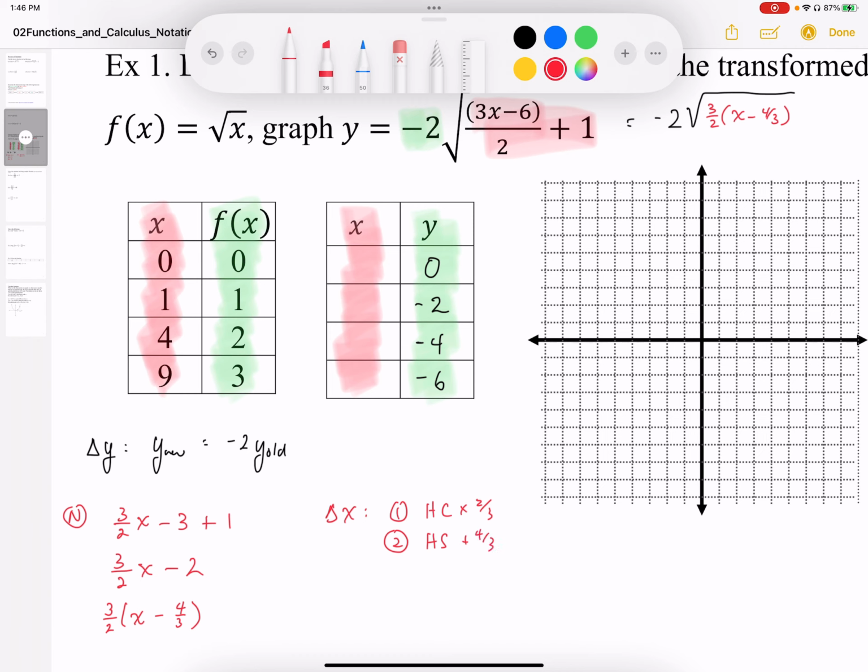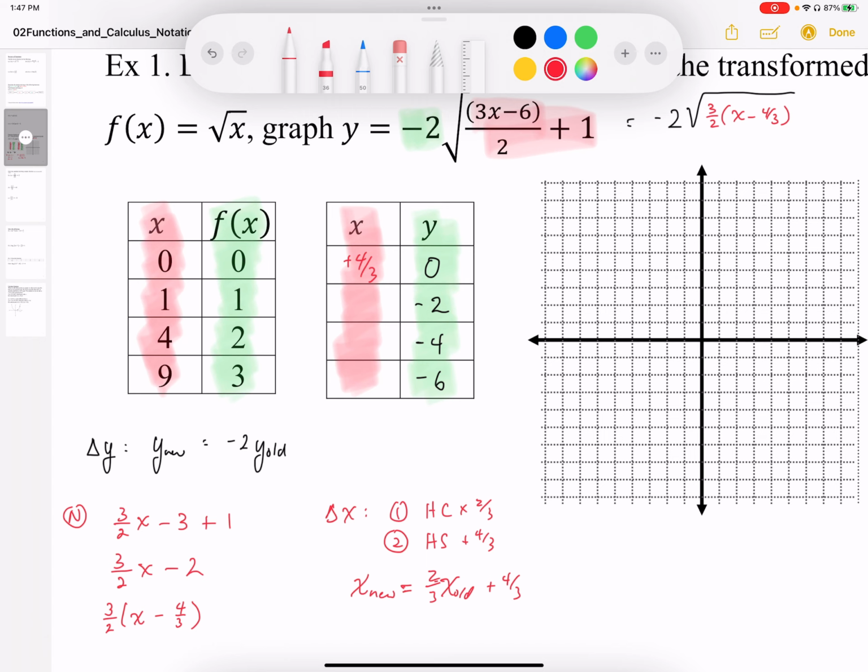Okay, and so if I were to show my calculations, my new x is going to be times by 2/3 and then plus 4/3. So times by 2/3 plus 4/3 is going to give me plus 4 over 3.